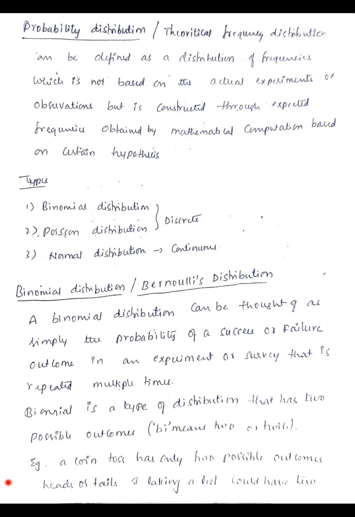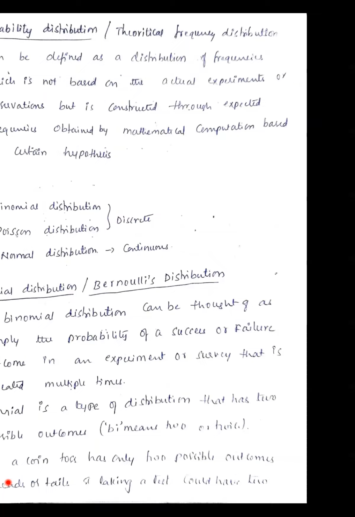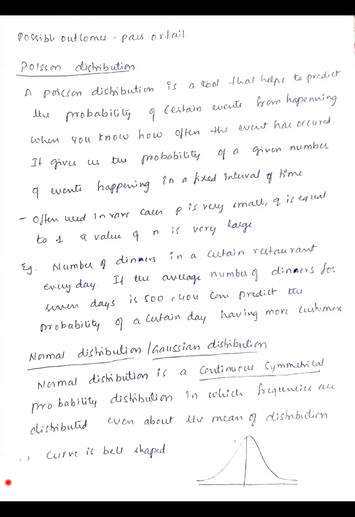A coin toss has only two possible outcomes, heads or tails. A test could have only two possible outcomes, either pass or fail. That is simply a binomial distribution.